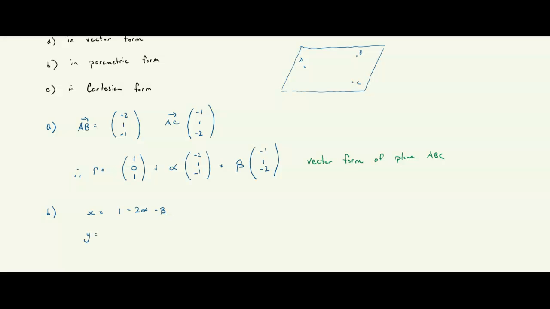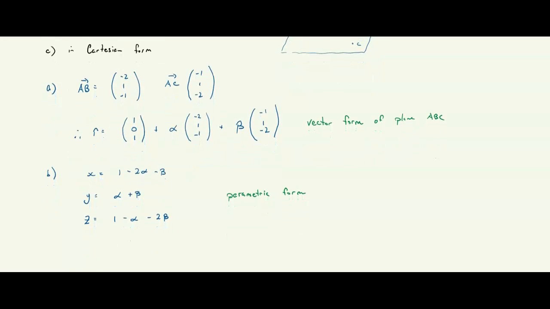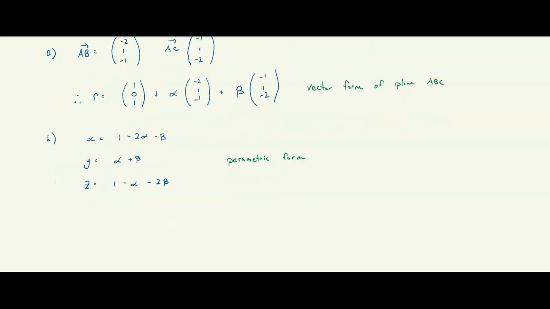Y is equal to alpha plus beta, and z is equal to 1 minus alpha minus 2 beta. So here we have our parametric form.